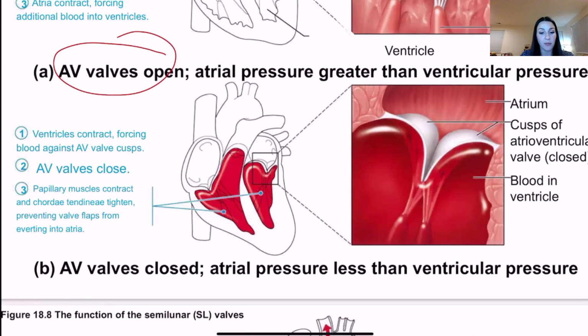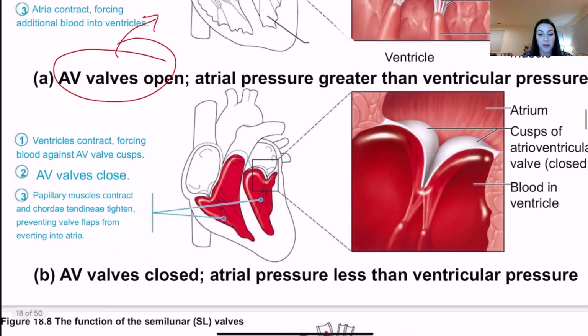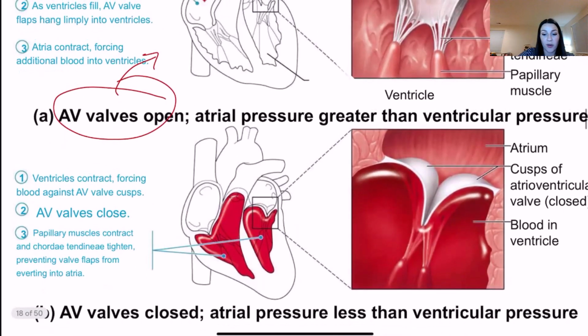So panel A, what we just talked about there on the top, when our AV valves are open, is because the atria have a higher pressure than the ventricles. But when the opposite is true, when the ventricles have higher pressure than the atria, then the AV valves close, because the AV valves only operate one way. They only open down. They do not open back up. And so when the AV valves are closed, we know that the pressure in the ventricles is greater than the pressure in the atria.